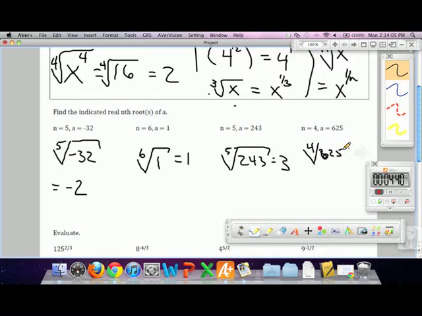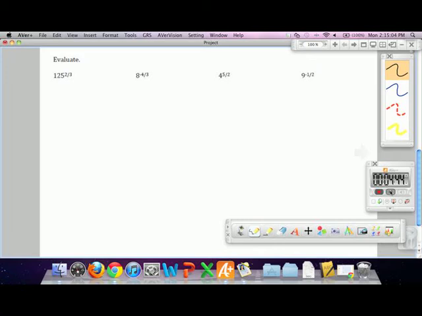To evaluate some weirder ones, like 125 to the 2/3. Oh man, this is not a 1/3, it's a 2/3 here. Well, how about we split this fraction into two things that are multiplied together? Because when you do powers of powers, multiply exponents.